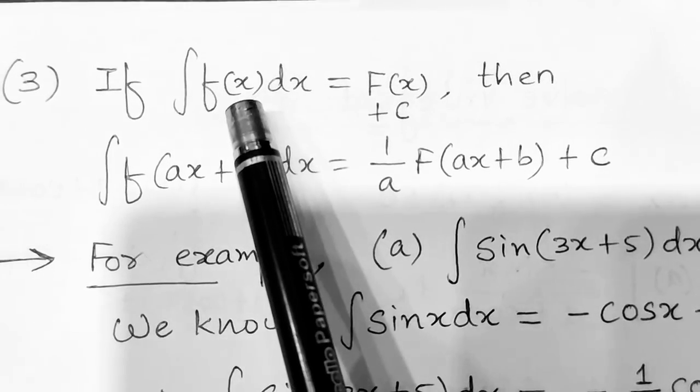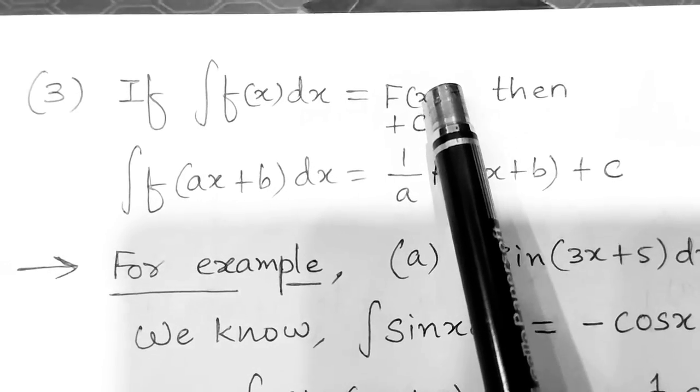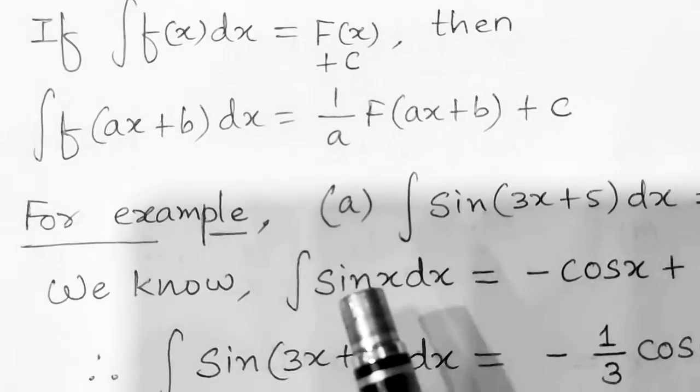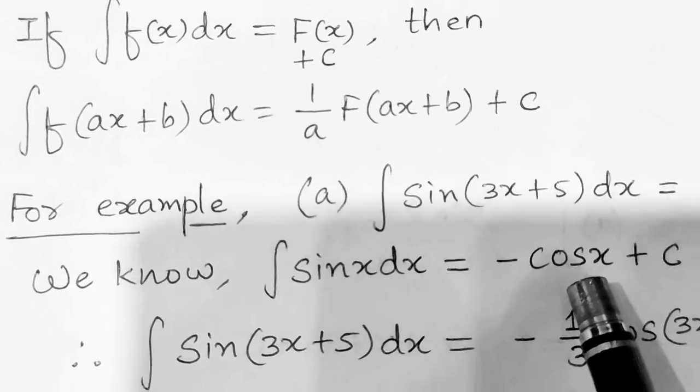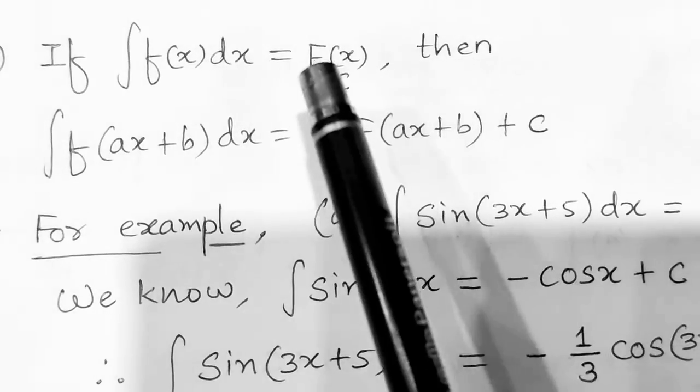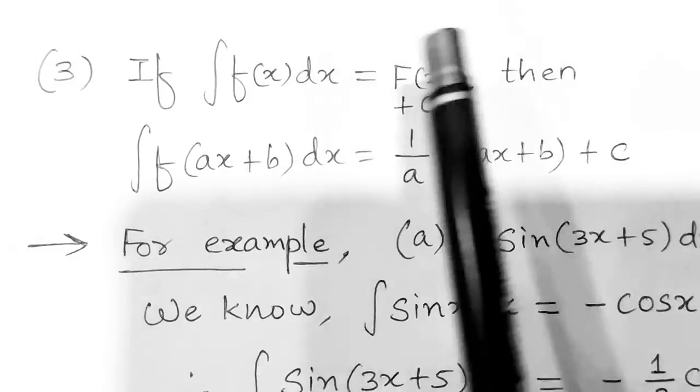Capital F x is the integration of small f x. Okay, that is what you need to understand. The integration of sin x is minus cos x plus c. So sin x is small f, minus cos x is our capital F. So if it is this, then what happens?